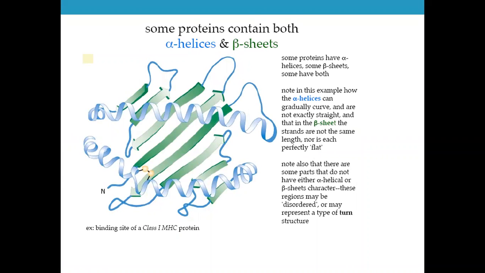Now, sometimes in the secondary structure, it is not just beta or alpha. Sometimes both the alpha helix and the beta sheets are combined. So, for example, here is a class of protein where you can find binding sites.